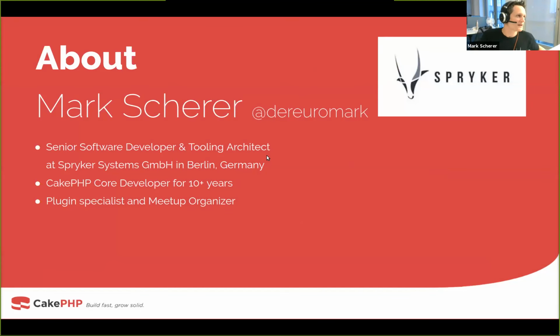Very quickly about me. Most of you probably know me. I'm a senior developer at Spryker, and also a tooling architect. So my job is a lot around all kinds of automation processes, and many things that I do go around web-based tooling.